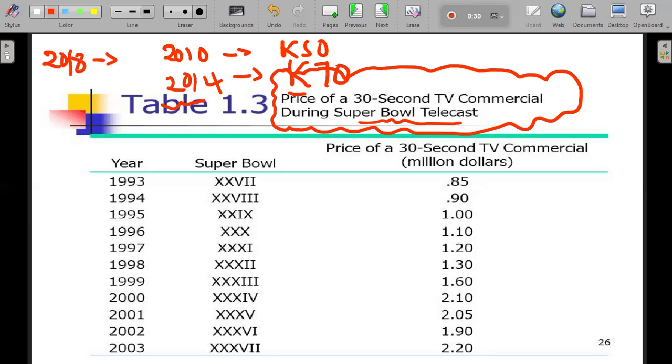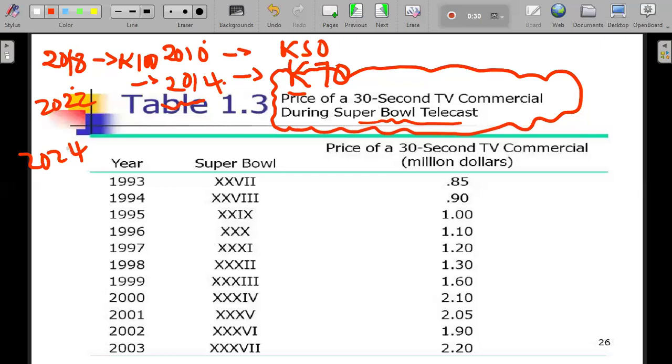The same company comes, but the TV station says no, this time the advert is 100 kwacha. So you can see that the data we are collecting is on the same element, but at different times: 2010, 2014, 2018, 2022, the other one 2026.